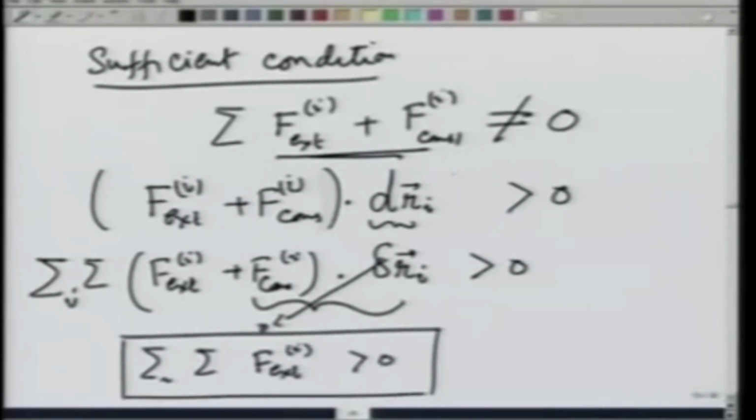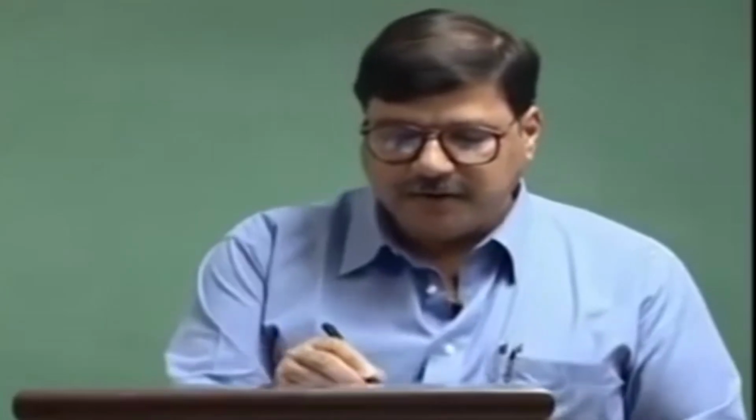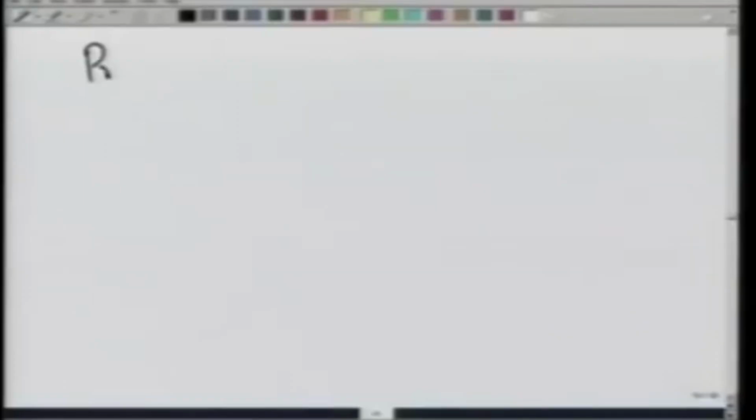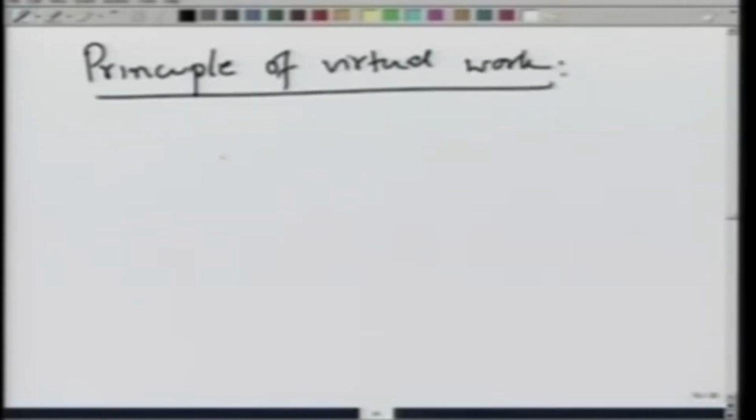Applying the same argument, if this is non-zero, the system is not in equilibrium; if this is 0, the system must be in equilibrium. So, that proves that it is also a sufficient condition. Now, the principle of virtual work, I will write this in symbols: the virtual work done by external forces is equal to 0 at equilibrium.